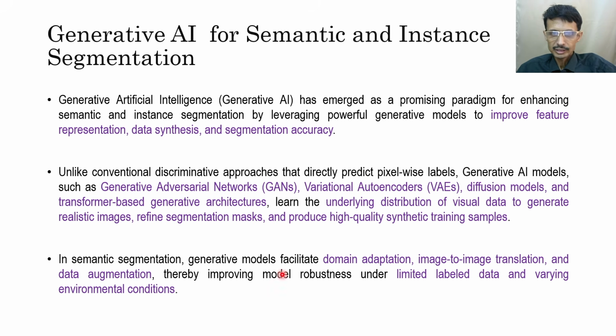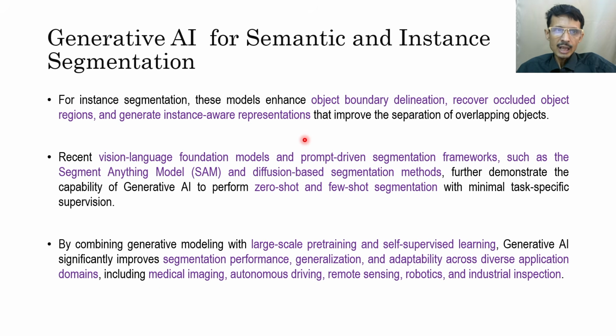In semantic segmentation, generative models facilitate domain adaptation, image-to-image translation, and data augmentation, thereby improving model robustness under limited labeled data and varying environmental conditions. So, as a whole, we understand generative AI is very helpful for downstream vision tasks like semantic segmentation or instance segmentation. For instance segmentation, these models enhance object boundary definition, recover occluded object regions, and generate instance-aware representations that improve the separation of the overall objects.